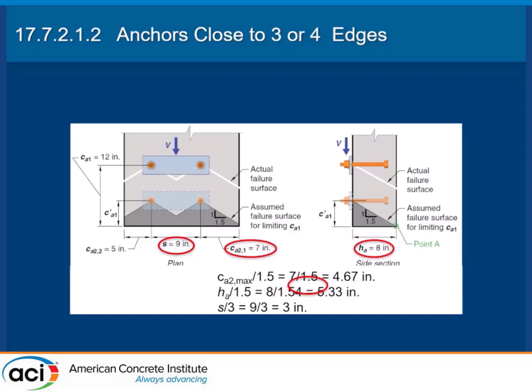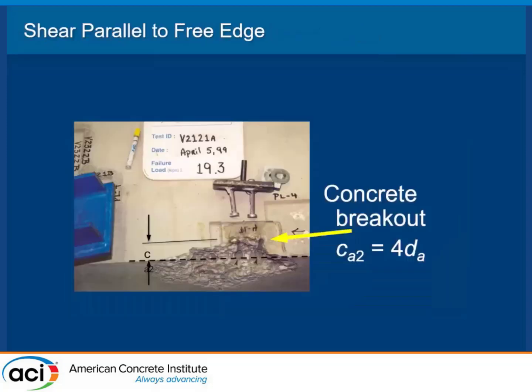That's all well explained in the code, but it is a key concept, because if you say, well, I'm just going to move it back further, you're really not going to get any more. You might have to start thinking about putting some hairpins in. I used to do tilt wall design as well, and I use hairpins all the time to drag my load away from edges. Just common sense.